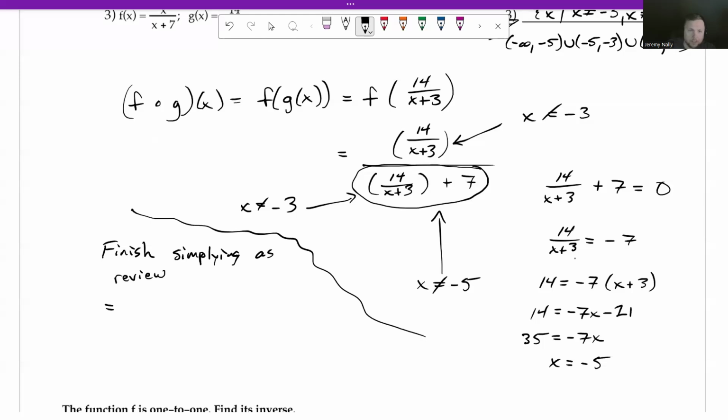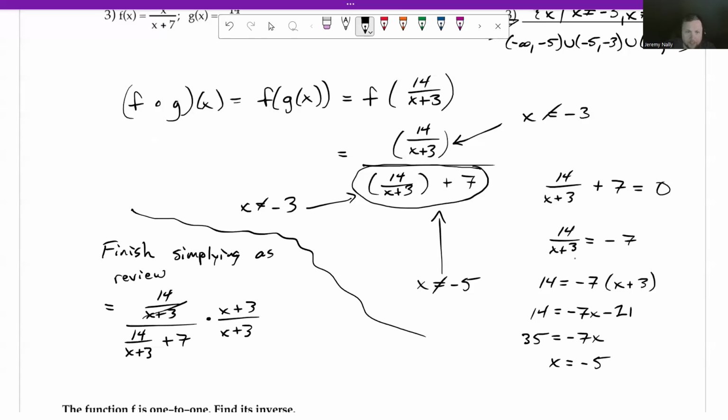So if we're sitting here and we were also trying to find the simplified composite function, one way to do this is I could multiply through by x plus 3 over x plus 3 in order to cancel out these.